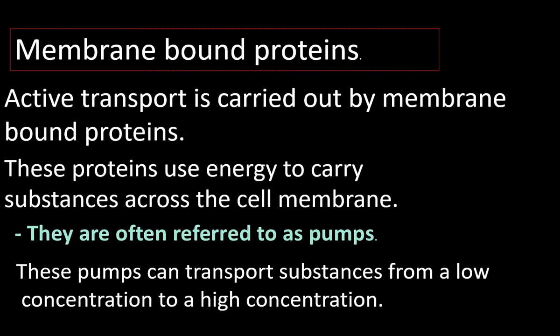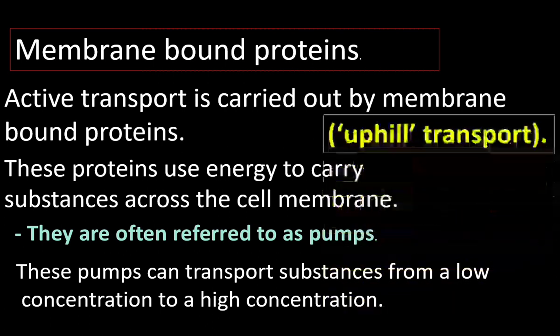What are called pumps? Membrane bound proteins are called pumps. They support the uphill transport. Active transport is uphill transport. It takes place from the region of lower concentration to the region of higher concentration.